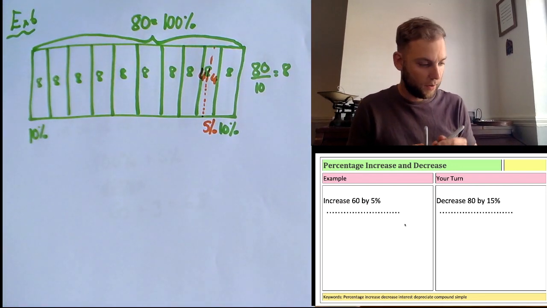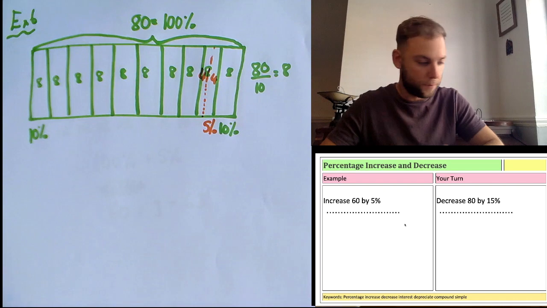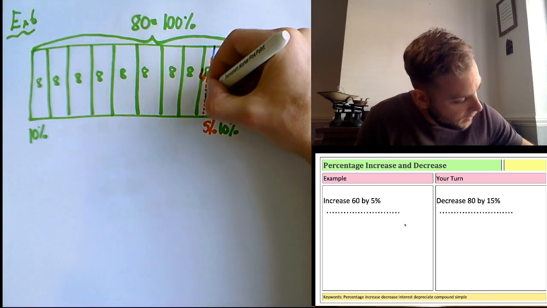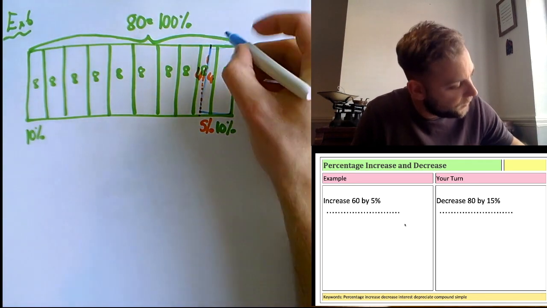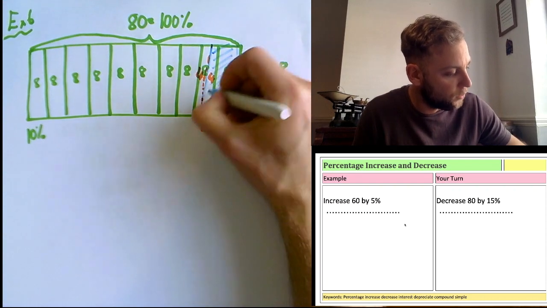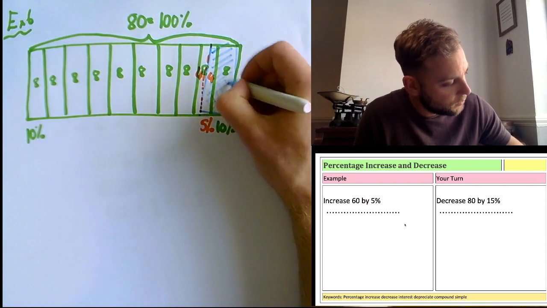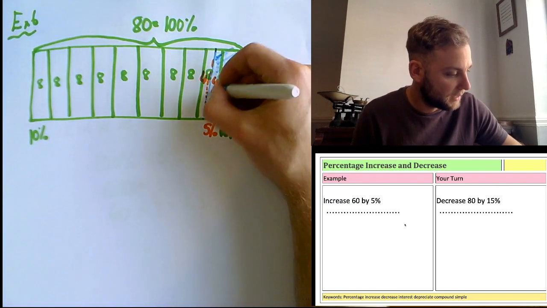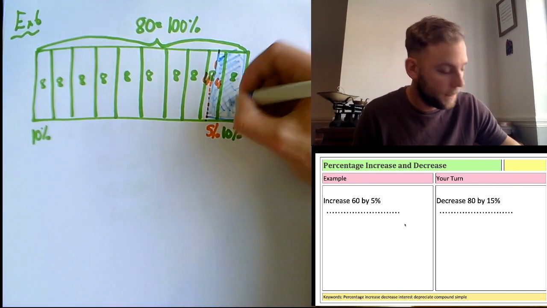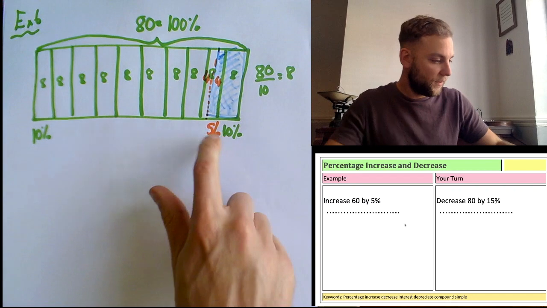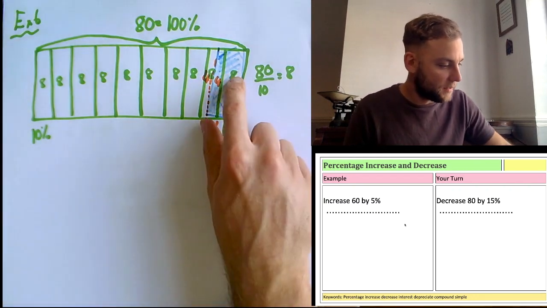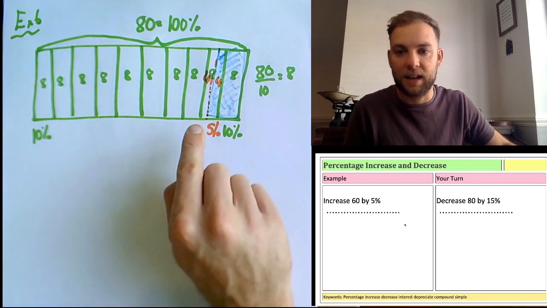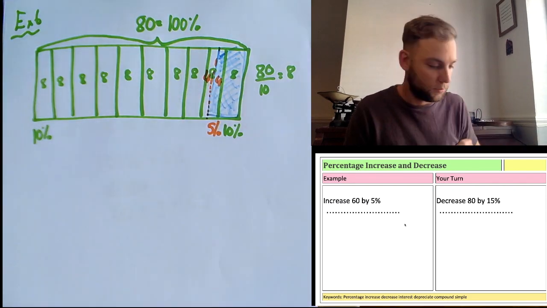So it needs to be 100%, take off this 15%, so take away that 8 and 4. That's what I need to get rid of. Remember, I'm decreasing by that amount. So the 15%, we know, is the 8 and the 4. So 8 is 10%, and 5% is half of that, which is 4.